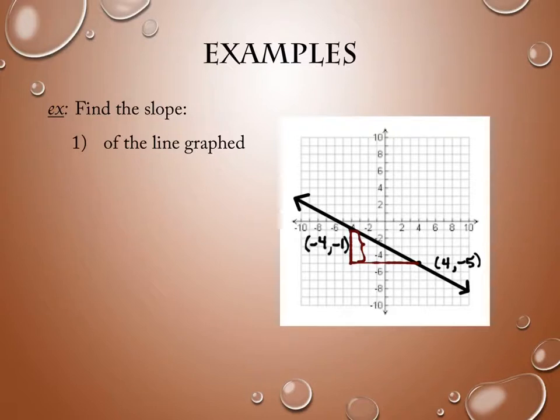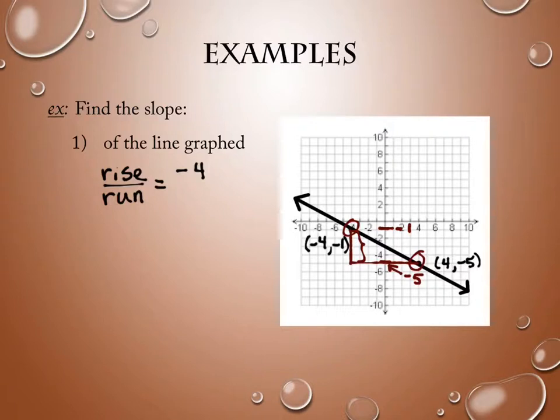What is the decrease from here to here? It goes down 4, right? The first place it's at a height of -1, and then the second location here it's at a height of -5. So it goes down 4. So when we're thinking of it as rise over run on this one, the rise would actually be -4 because it went down, okay?